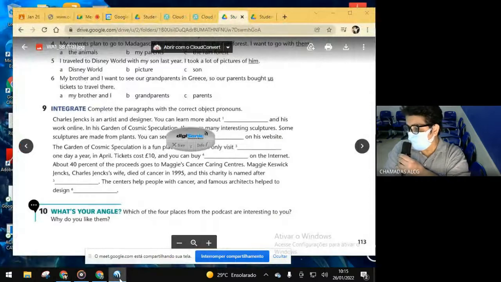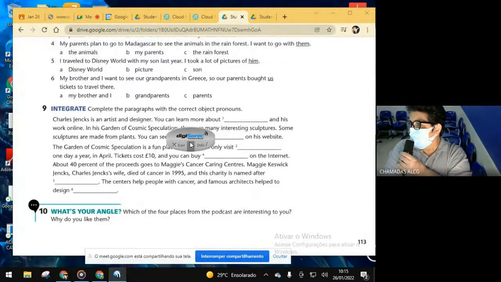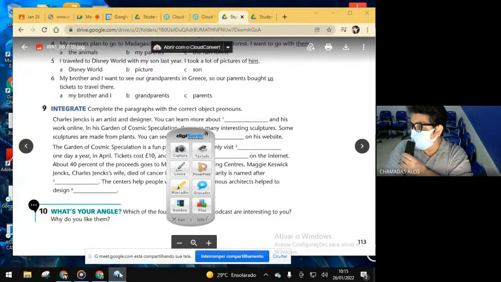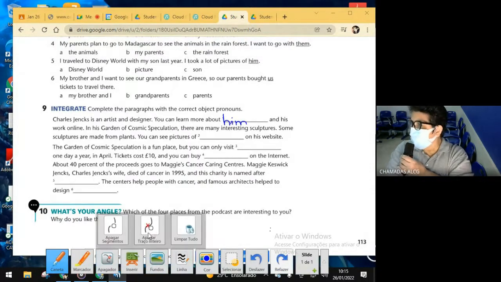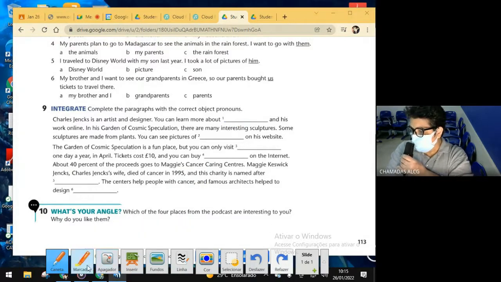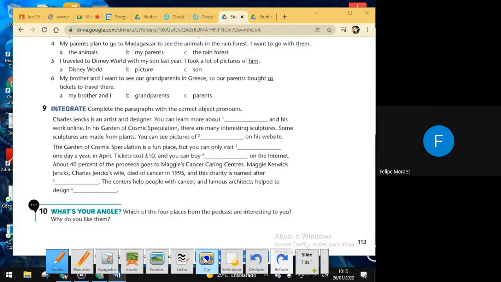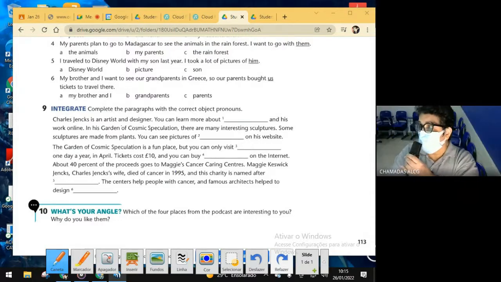Okay. Ah, okay. I remember now. There is a link here. Okay. So can you see now? Yes? I see these buttons. Can you see the page? Is it possible for you to do the exercise? Yes.